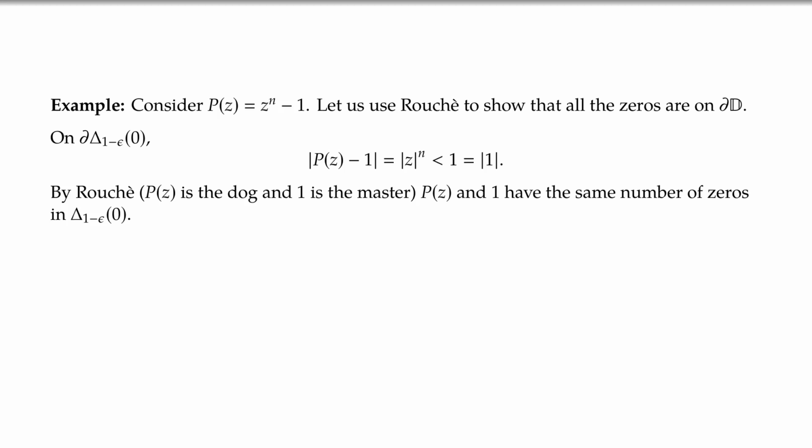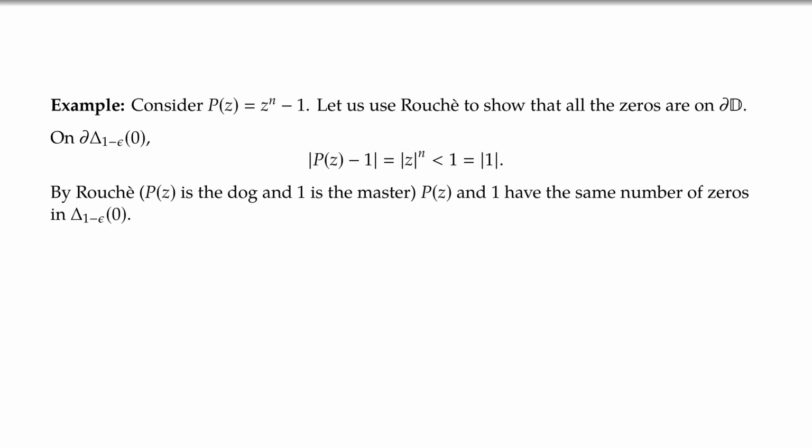The modulus of this is the modulus of z to the n, and since the modulus of z is strictly less than 1 on this circle, this is strictly less than 1. And 1 is precisely the modulus of f, of the master.